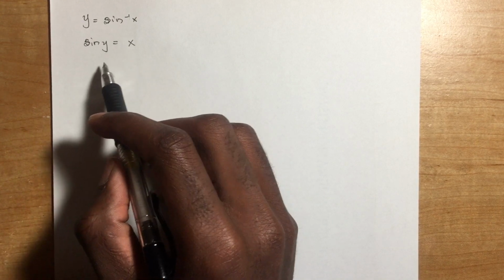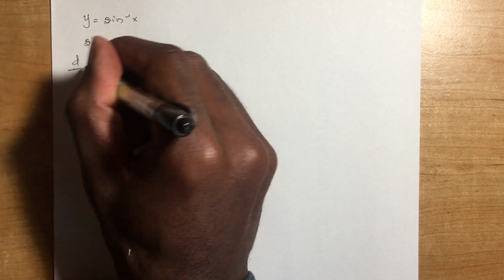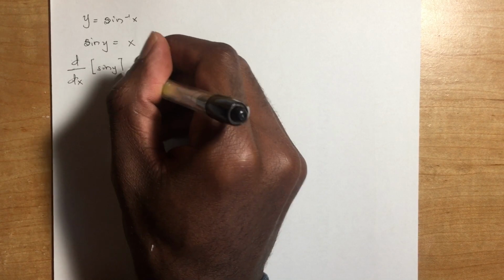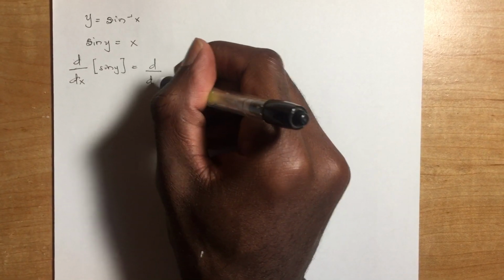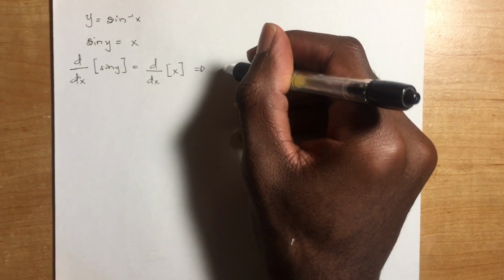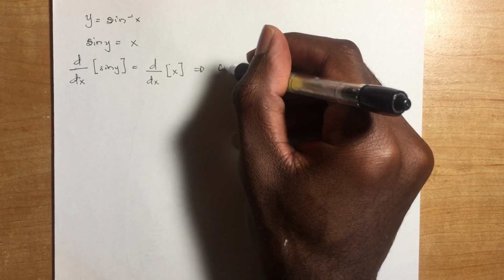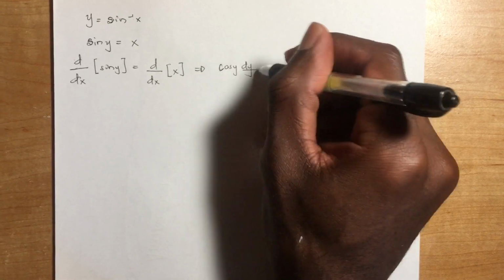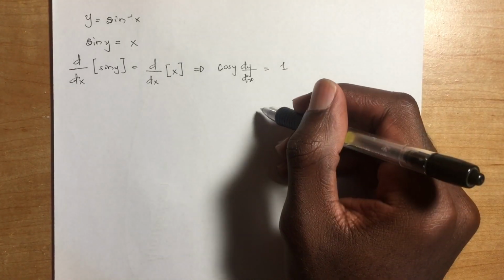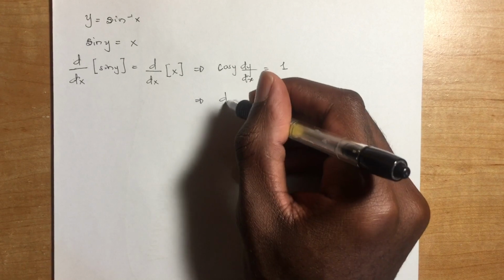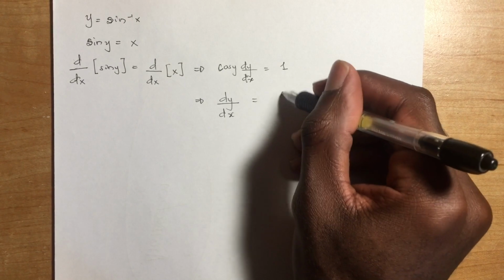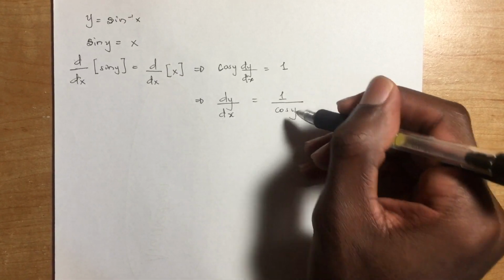Using implicit differentiation, if we do the derivative with respect to x of sine y on this side, equal the derivative with respect to x of x on this side, we're going to end up with cosine y dy/dx equals 1. Then, since we want dy/dx to stand by itself on one side of the equal sign, we're going to end up with dy/dx equals 1 over cosine of y.